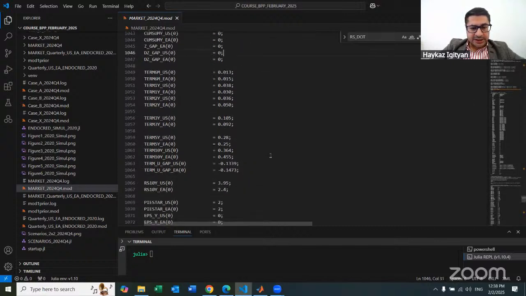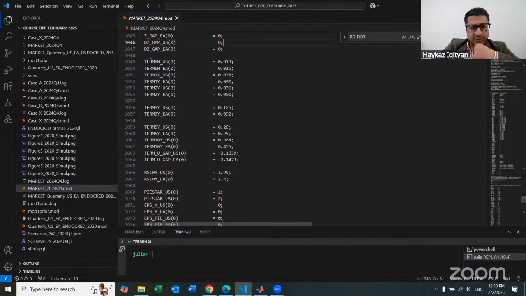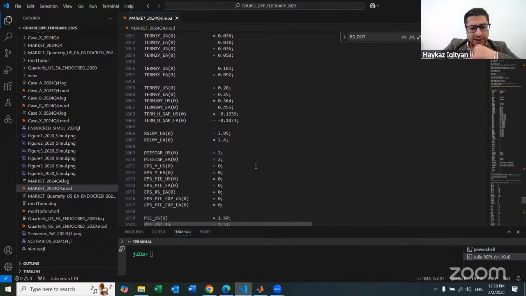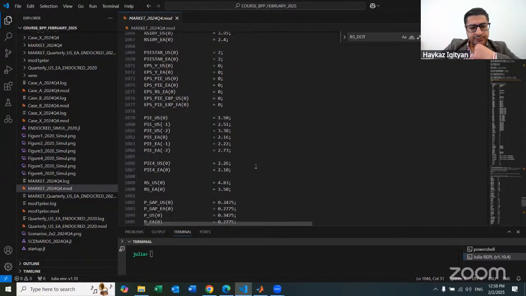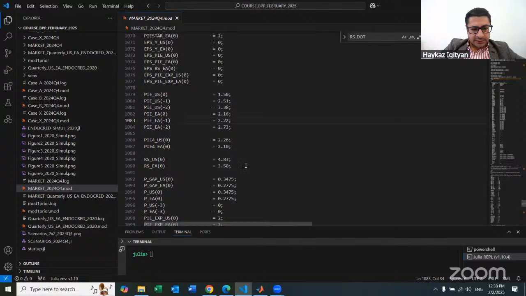How we calibrated this, we are looking at the current developments, looking at the quarterly data, and calibrate these values. Let's say the Q over Q inflation in US, it's 1.5. It was 1.5 in the fourth quarter, which is our initial condition. I guess it's not the exact data, but it was an estimation, the best estimation at that point. This is history.